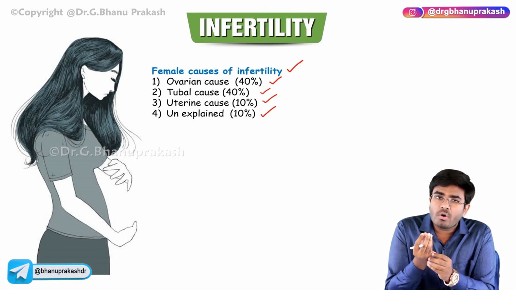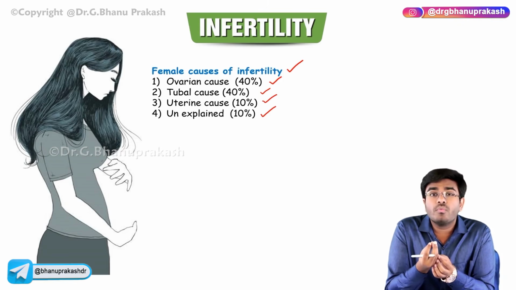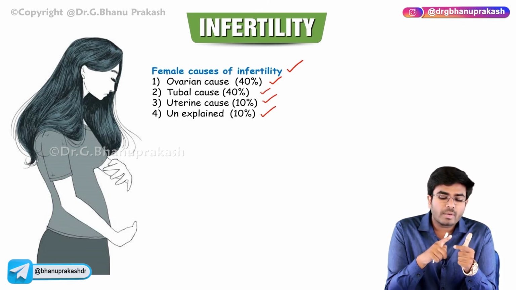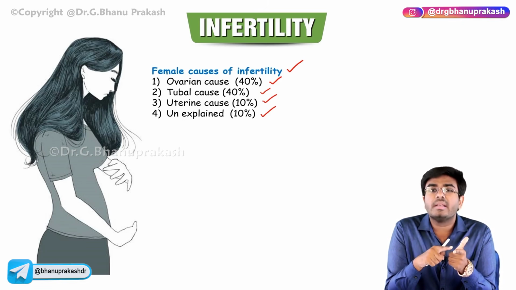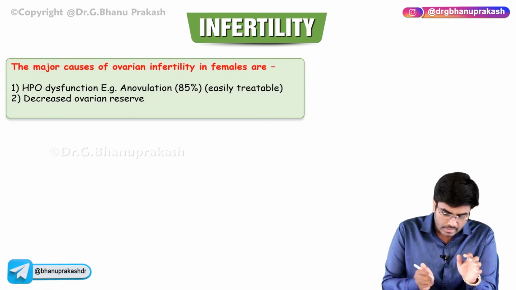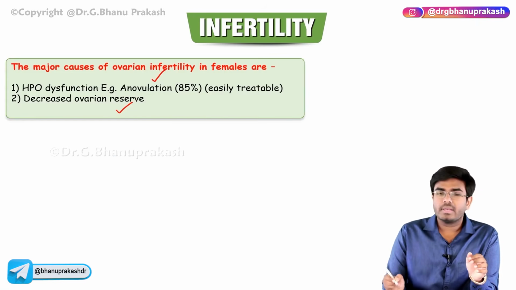Now these ovaries, the follicles inside these ovaries, they are not ovulating. That is anovulatory problem can be there, or there might be decreased ovarian reserve, that is premature menopause. So the 2 main problems in the female in her ovaries are either anovulation or decreased ovarian reserve.